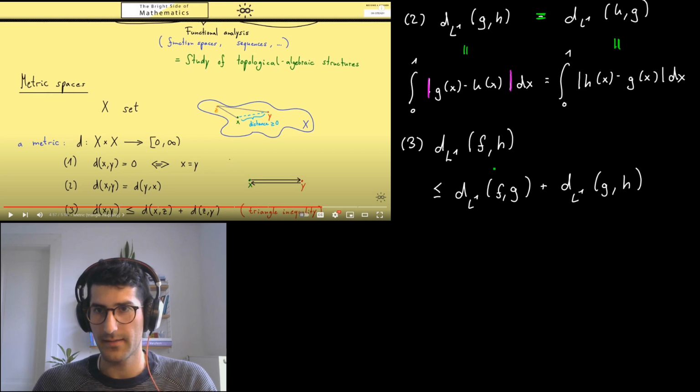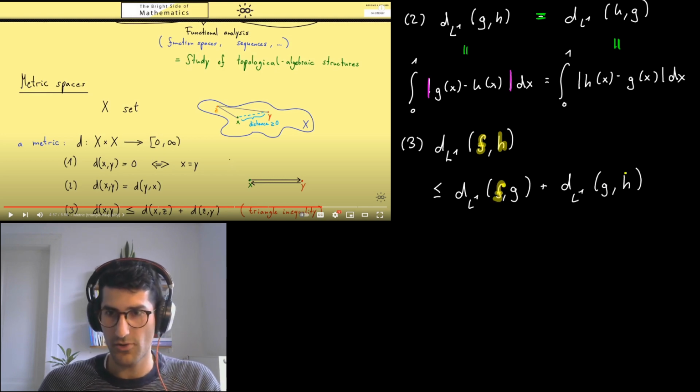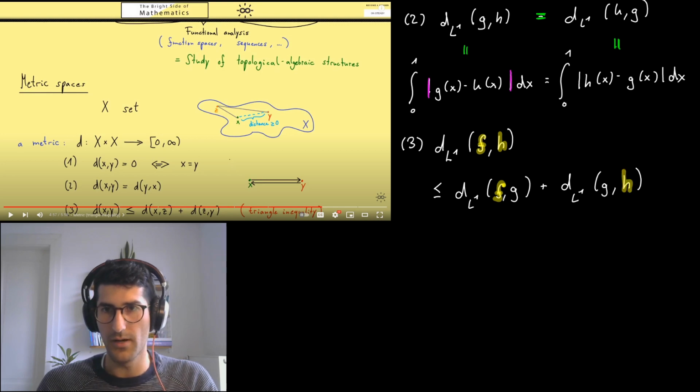So we have the distance between f and h, which is the direct distance, and it's always shorter than the detour through a third function g.